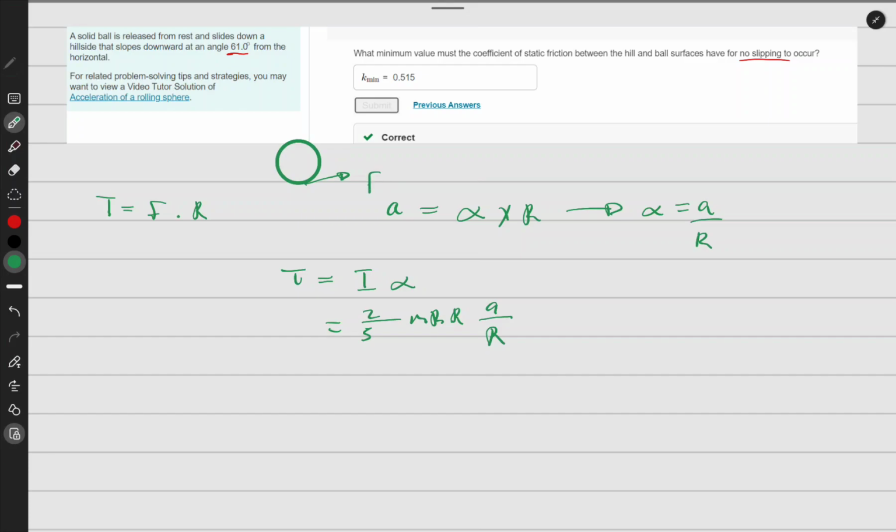I'll just denote it as F in this video because I think it's the only force involved here. Then we can write friction force cross arm, where the arm is the radius. From that we notice that this r is the same as this r, and this r is the same as this r. That gives us a solution of F equals 2 over 5 m a.